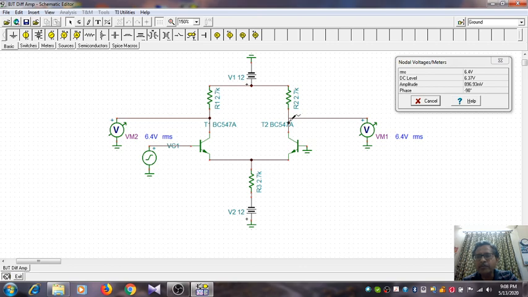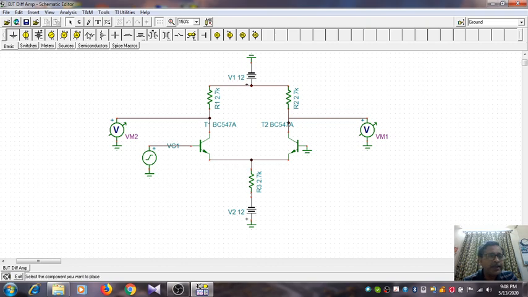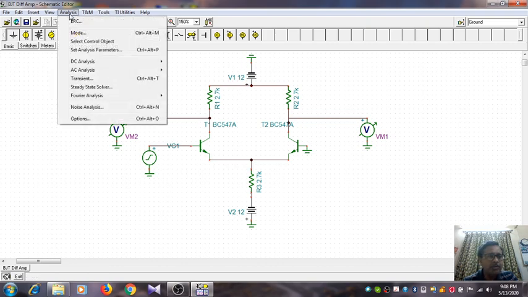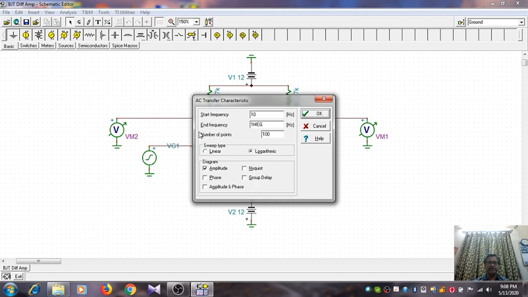So this is 6.4 volt, the DC level, and here also the DC level you can see 7.07 millivolt. That does not give us any proper insight. Let us go over to AC analysis, but the curve that we are on the lookout for, the frequency response, we will get in the AC transfer characteristic.